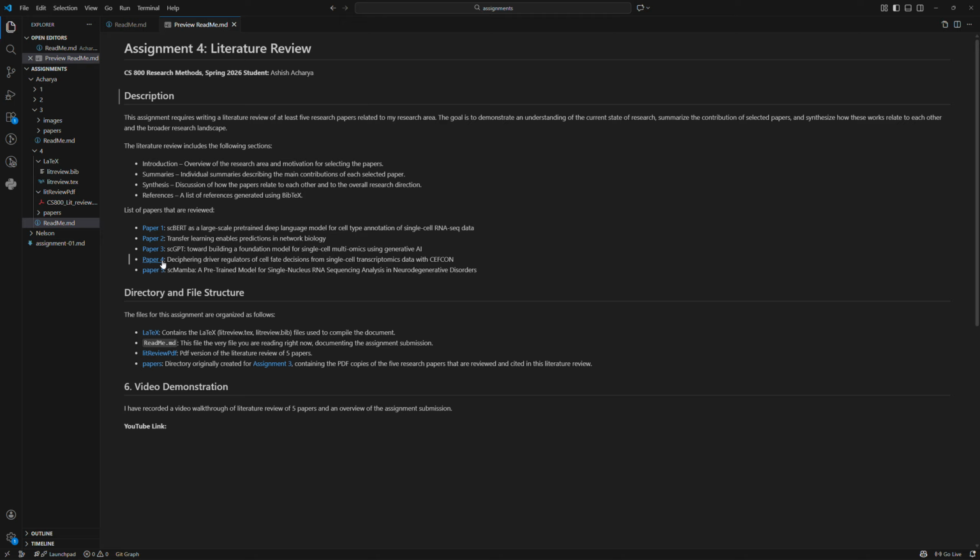Another paper I have used is Deciphering Driver Regulators of Cell Fate Decision from Single-Cell Transcriptomic Data with Silico. It gives the idea that the transformer model or other models are not sufficient for certain tasks that single-cell genomics or how the biology works requires.